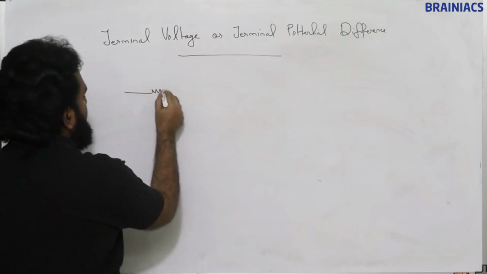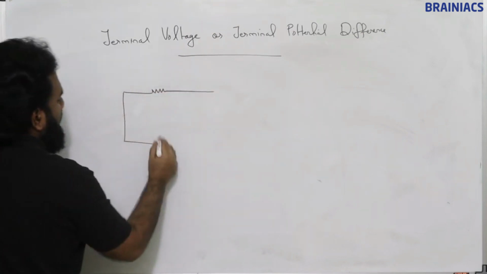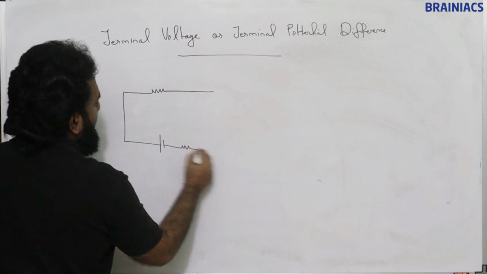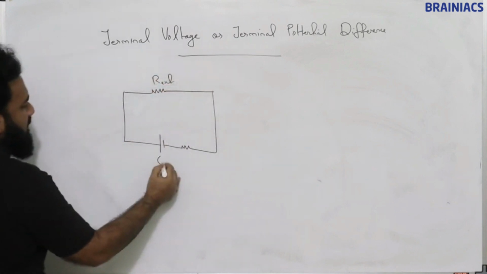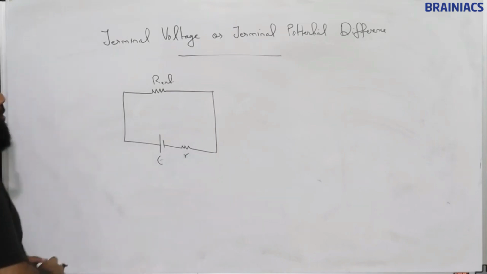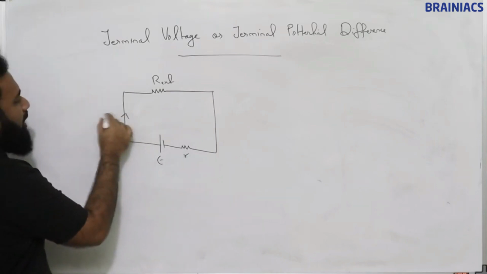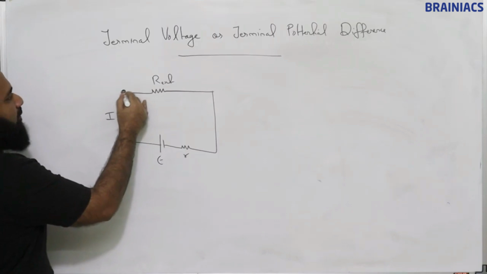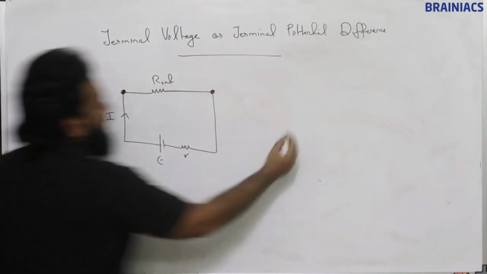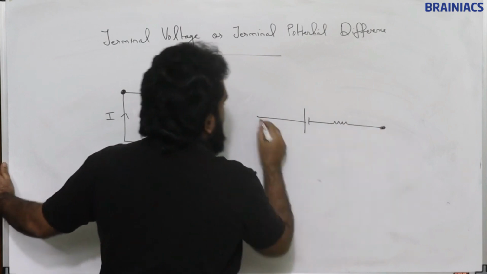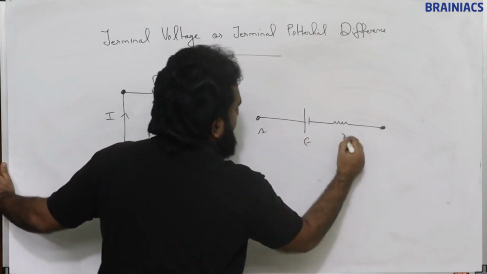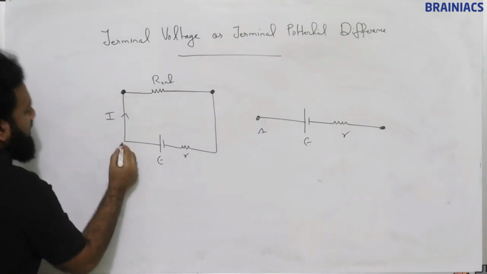Suppose we connect a cell to an external resistance, this is EMF and this is small r. What will happen? Current flows like this. So if we take these terminals, just like the terminal of the battery, this is the same.